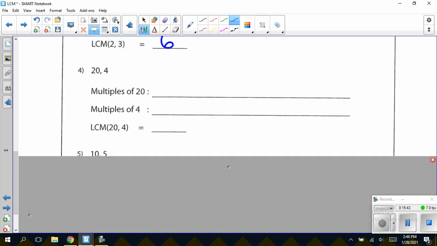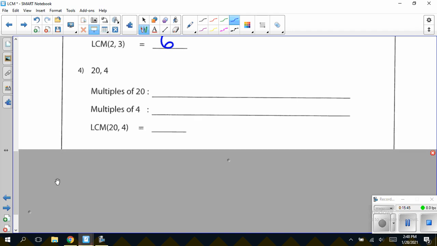Moving on to the next one. Notice I have 20 and 4. So I'm going to list multiples of 20, then my multiples of 4, and then I'm going to show the LCM. So 20, 40, and then I'm going to stop right there because I know to go out to 40 I would have to list my first 10 multiples of 4.